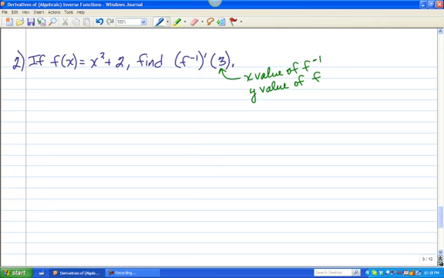As we set up our problem for what we want to find, we know it's going to be f prime of something. The question is, what is that something? What we really need to do is find the x value for that original function, and we do know that the y value of that original function would be 3.